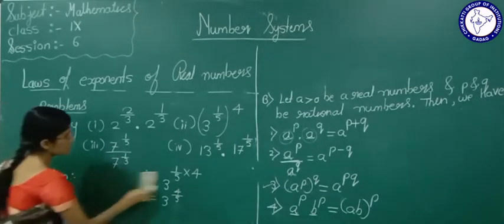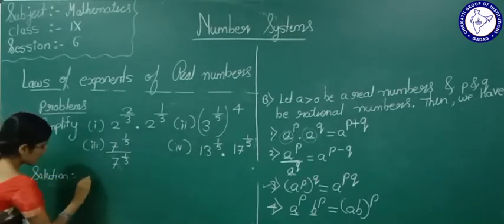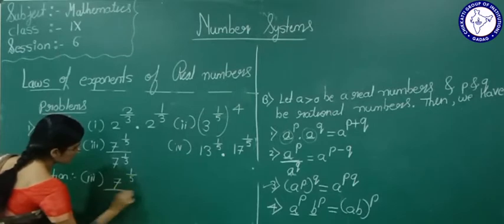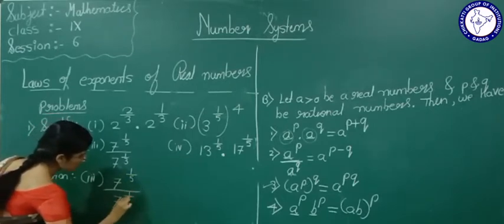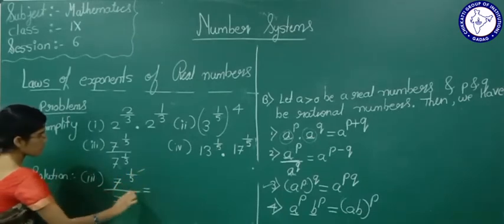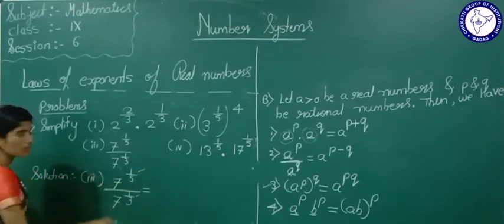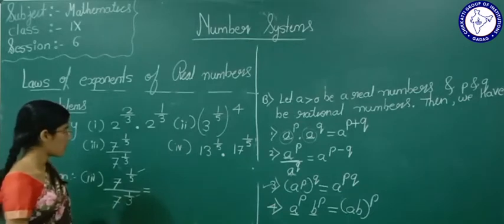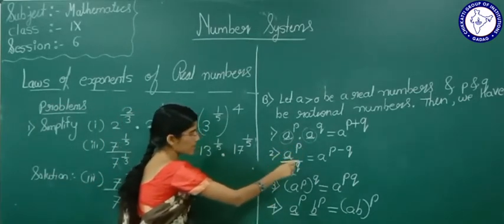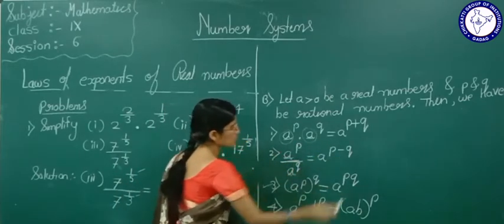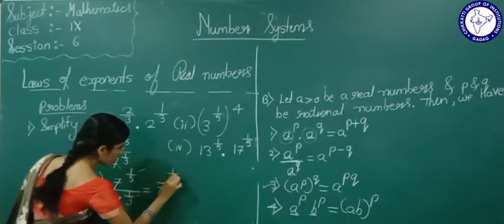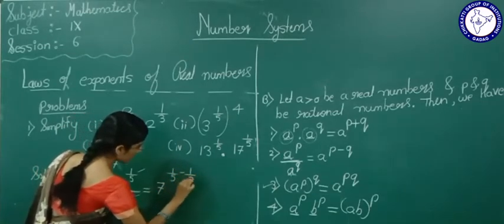Now we will solve the third one. Third one, 7 raised to 1/5 divided by 7 raised to 1/3. Now see here, the bases are the same, the exponents are different, but it is in division form. Which law are we going to use? Second law. What is that? a raised to p divided by a raised to q is equal to a raised to p minus q, that is 7 raised to 1/5 minus 1/3.